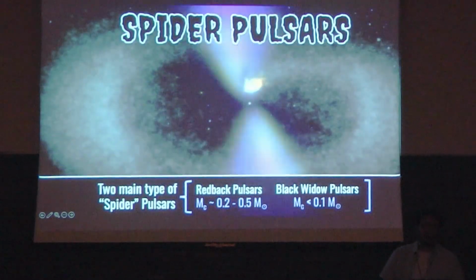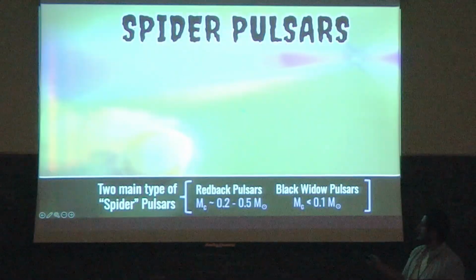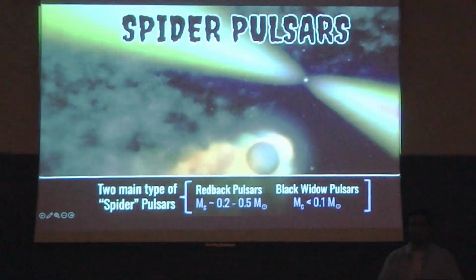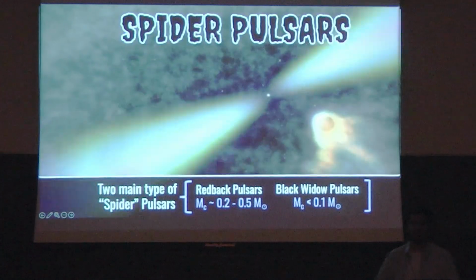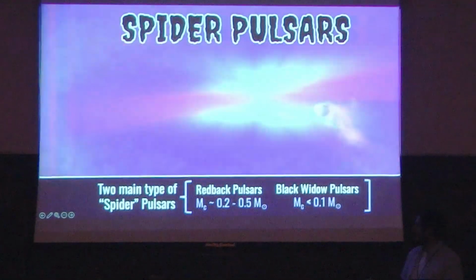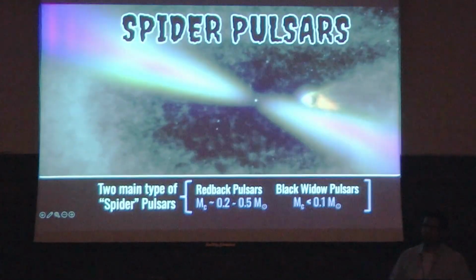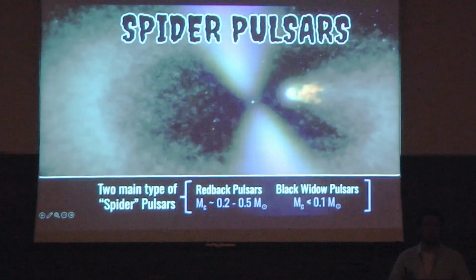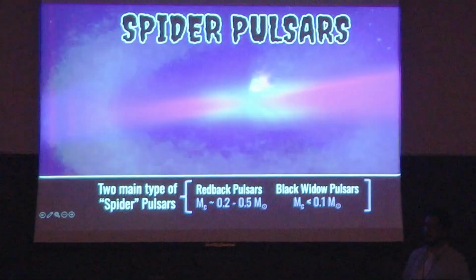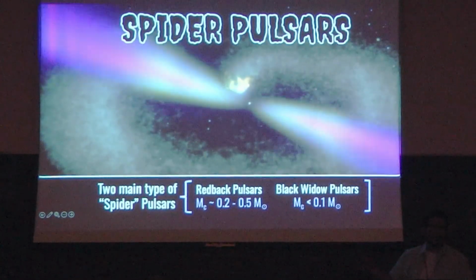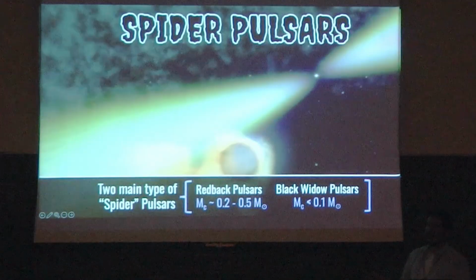They have very low mass companions. The only distinguishing feature between a redback or a black widow pulsar is how massive its companion is. So for redbacks, you have companion masses that are on the order of 0.2 to 0.5 solar masses. So this symbol right here is a shorthand way to say how much does this compare to the mass of our sun.